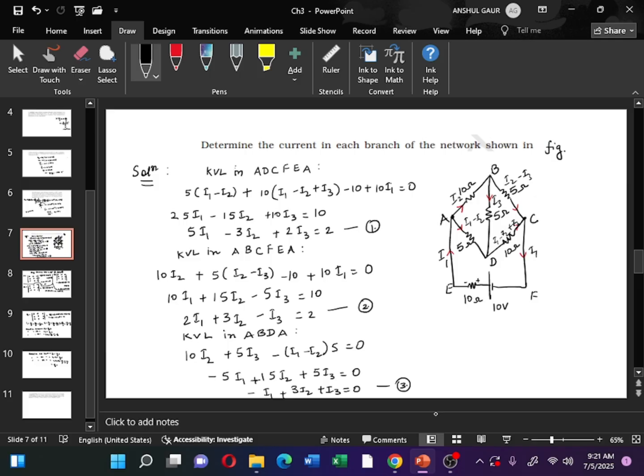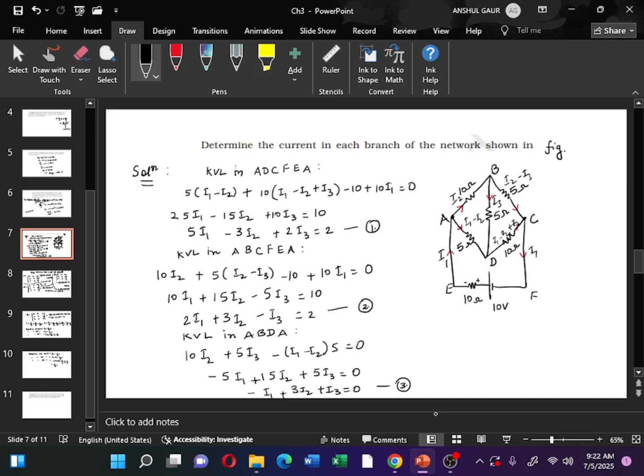For that particular loop, we have to write the KVL terms. First of all, we write the term corresponding to branch AD, that is the 5 ohm resistor. The voltage drop across it is 5 multiplied by (I1 minus I2). This is the first term. Then in the 10 ohm resistor, the current is I1 minus I2 plus I3, so we put this value here.